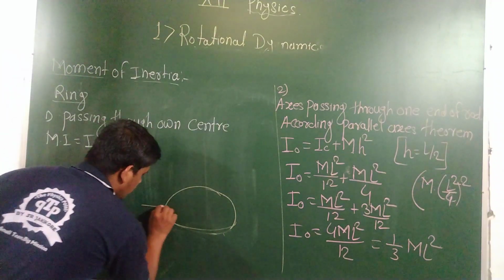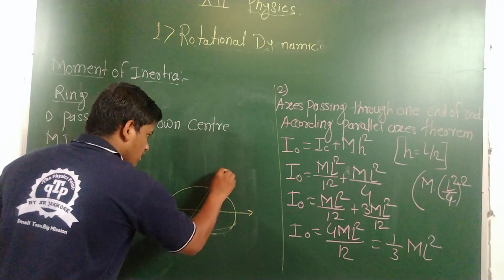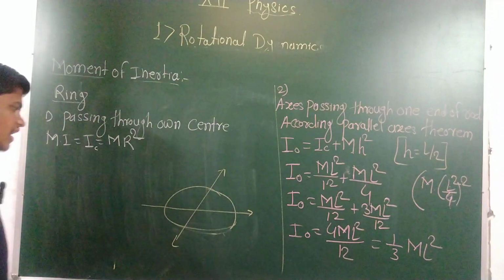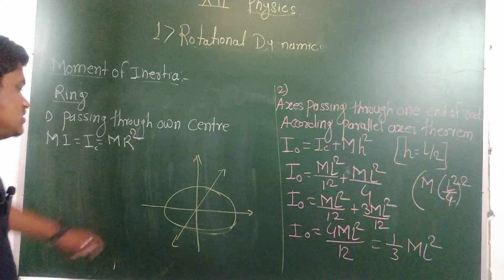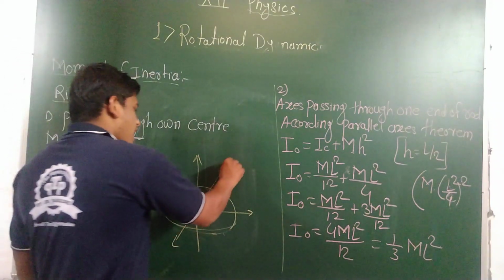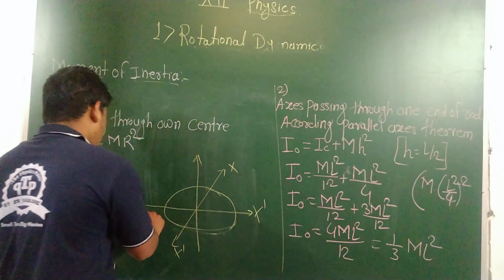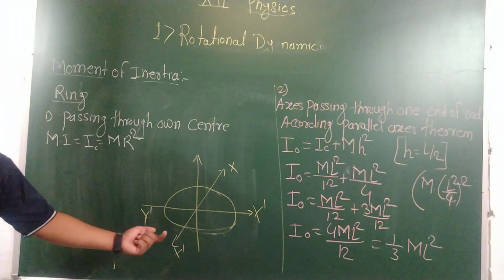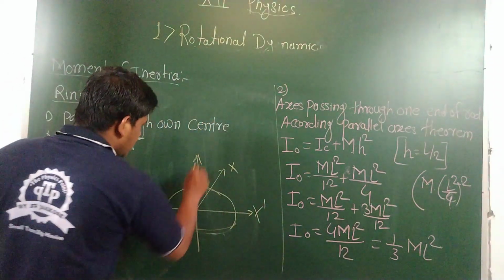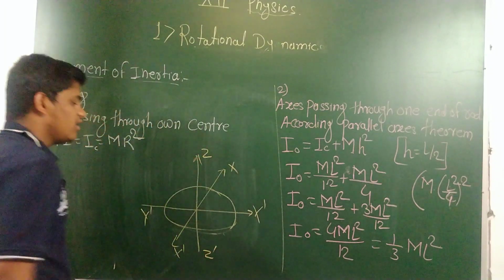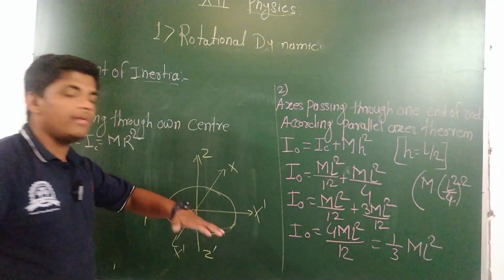I have drawn two different diameters here. And the third one is perpendicular to the plane of the ring. One is x x dash, another one is y y dash. These two axes are in that plane. And the third one, z z bar, is the axis of rotation which is perpendicular to the plane of that ring.